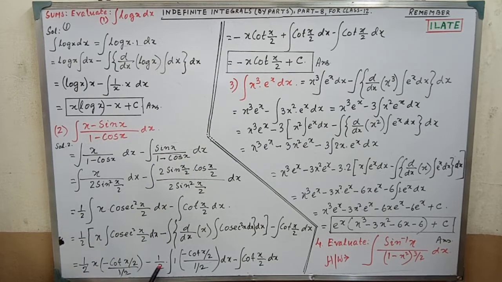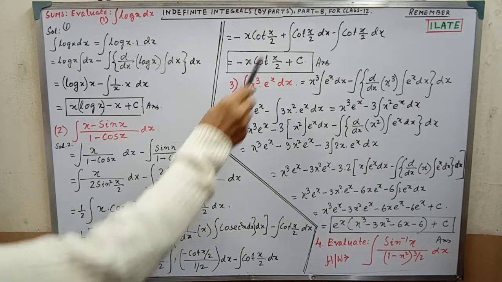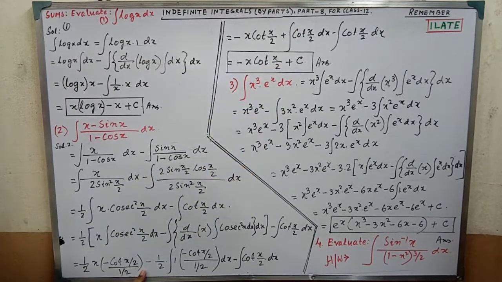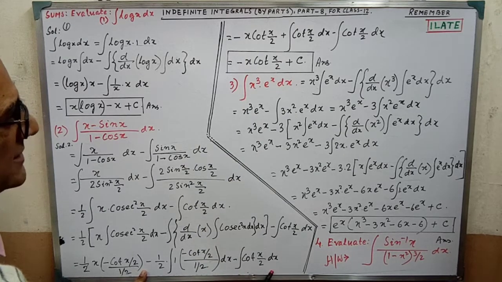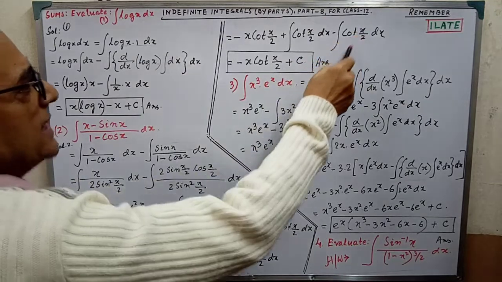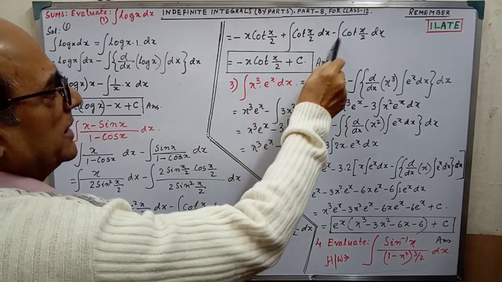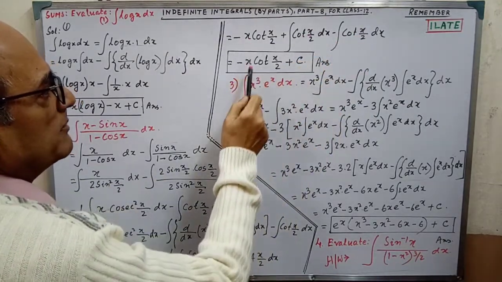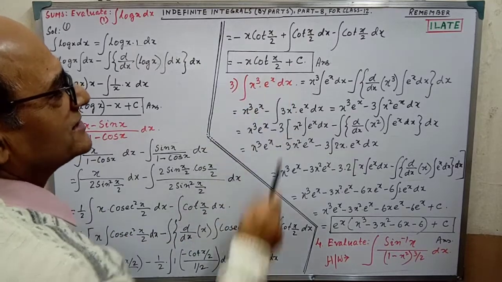Clear? Minus and minus will be plus, so it is coming cot x by 2 dx, and it will remain as it is. These two terms are exactly the same, one plus, one minus, so they will be cancelled. So by simplifying we are getting this. This is the answer.